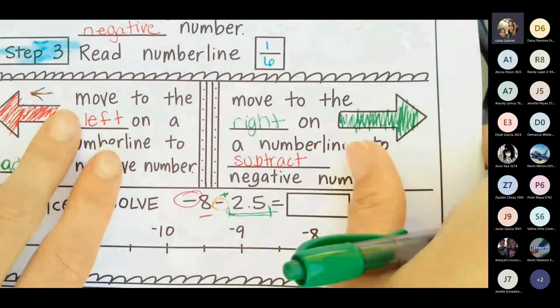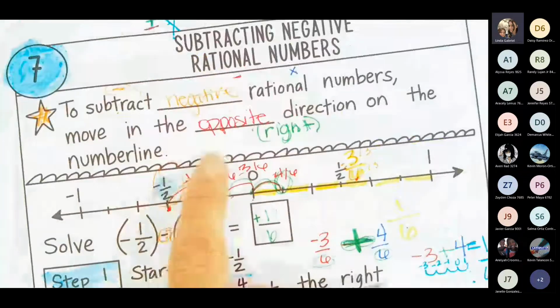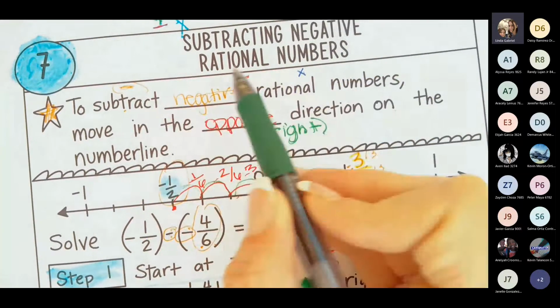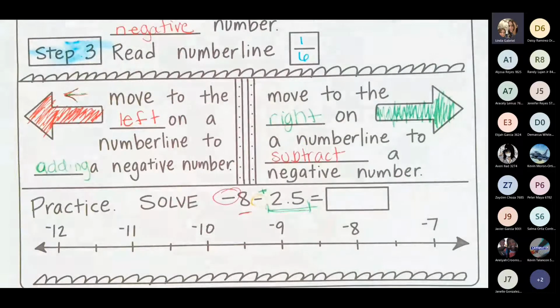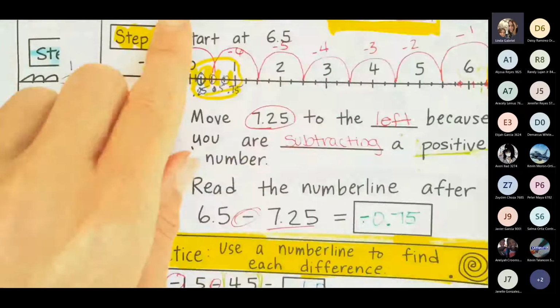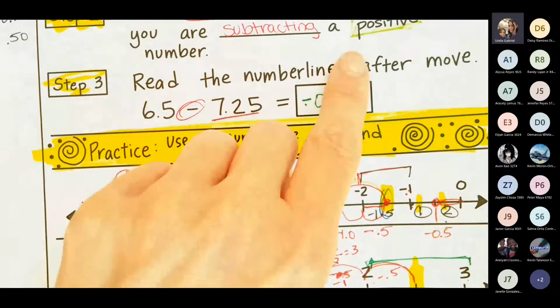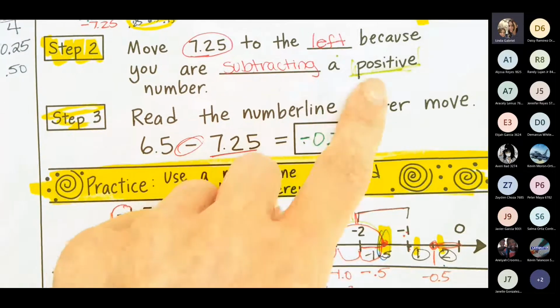That means I'm not going to follow this rule here. I'm not going to go the opposite direction because I am subtracting a positive rational number. So I'll be using the steps that I used for rule 6, right? So I'm going to move to the left because I am subtracting a positive number.